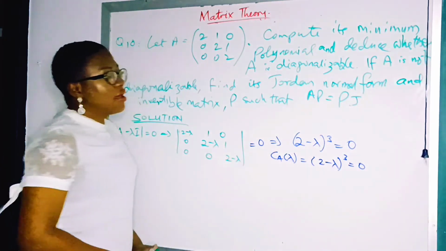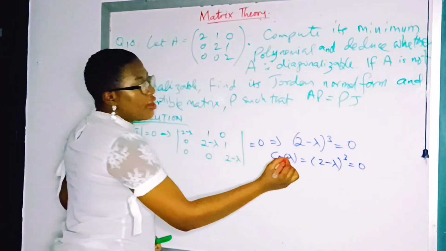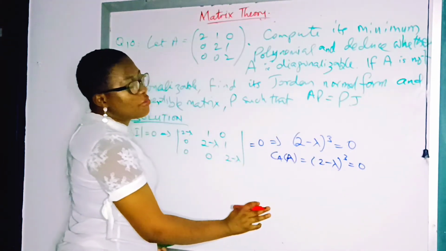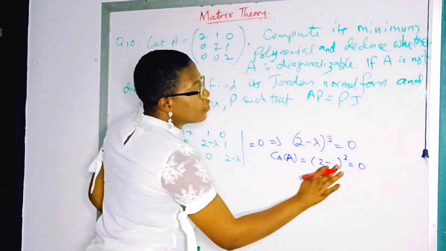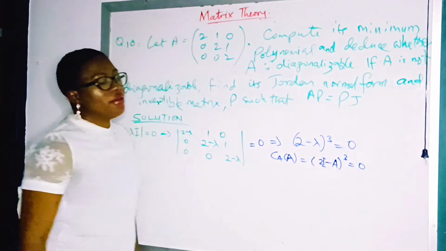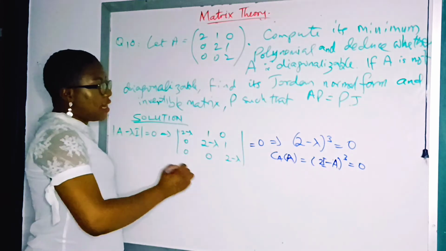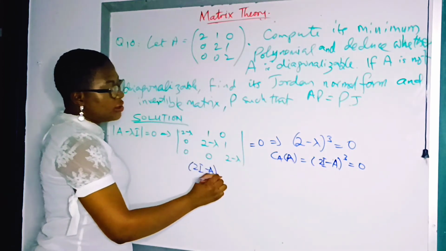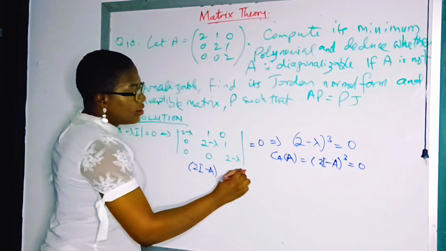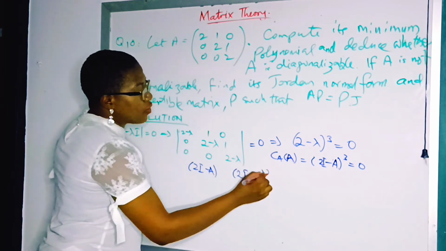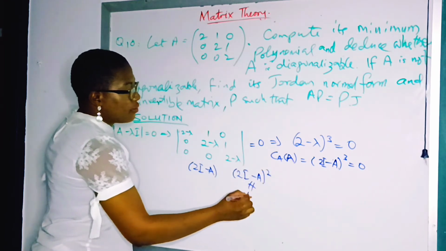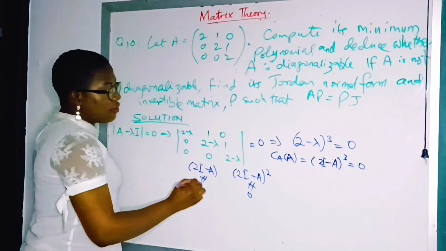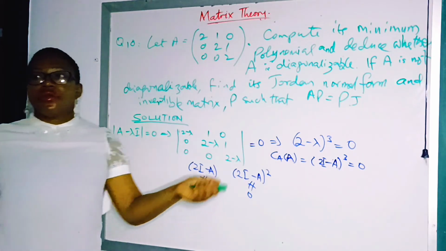You can check that the characteristic polynomial of A gives 2I minus A cubed, and that 2I minus A and 2I minus A all squared are not 0. Take your time and check it.